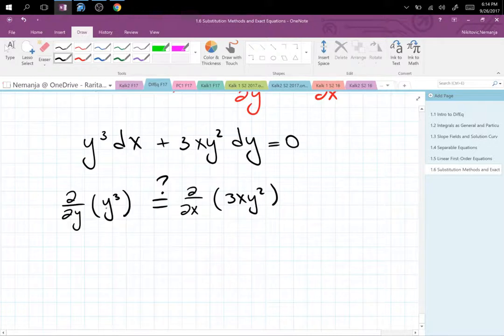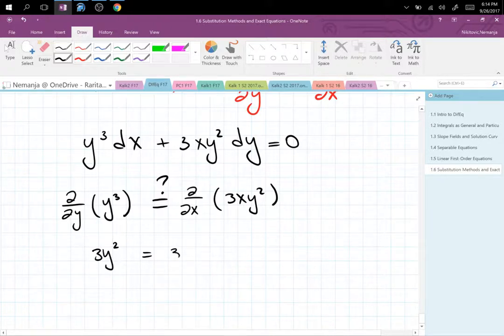The derivative of y cubed with respect to y is 3y squared, right? Because it's just that. It's a derivative of y. So there are no primes and chain rules or anything like that. And on the other side, you are taking the partial derivative of x, that means that y is just a constant which you get to copy.